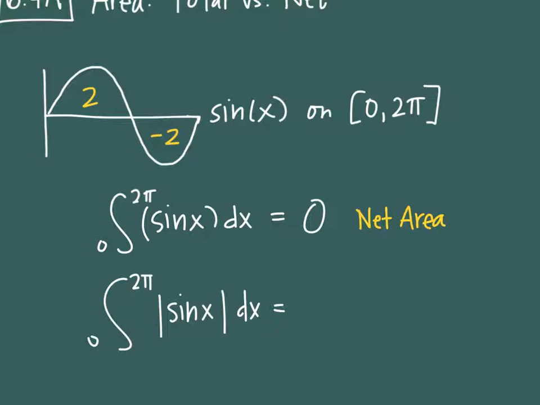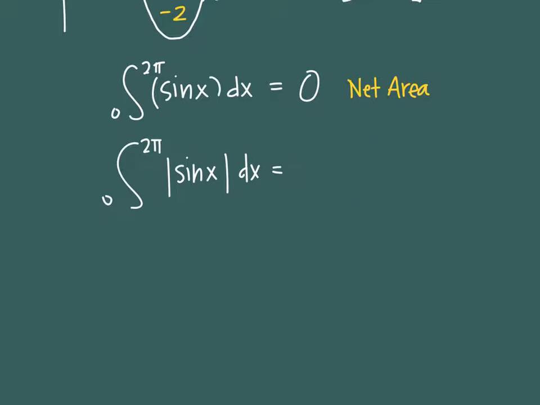So visually, the graph now looks like this. The positive section was fine. The negative section is now flipped up above the x-axis. That's what an absolute value does to a graph. It takes whatever was negative and reflects it. And so visually we say, well, it's 2 and positive 2 now.